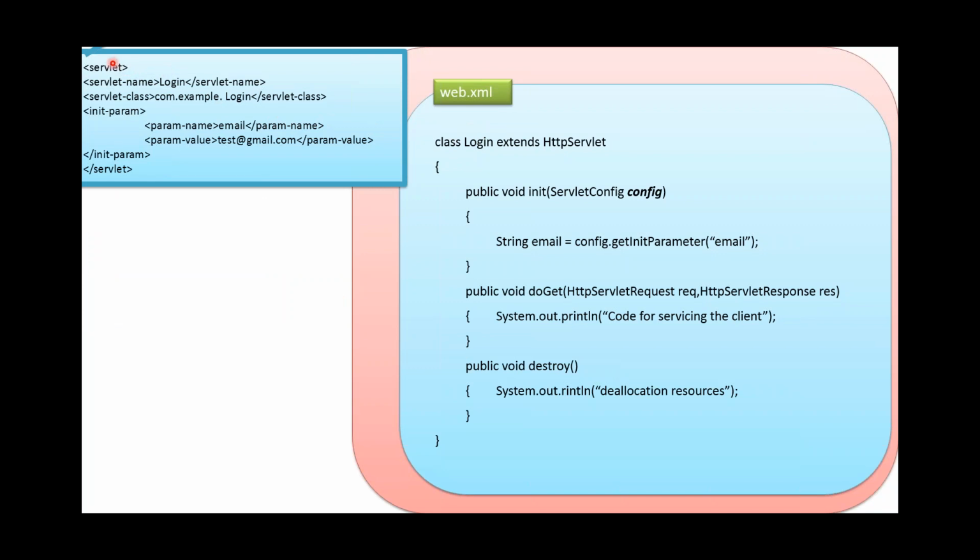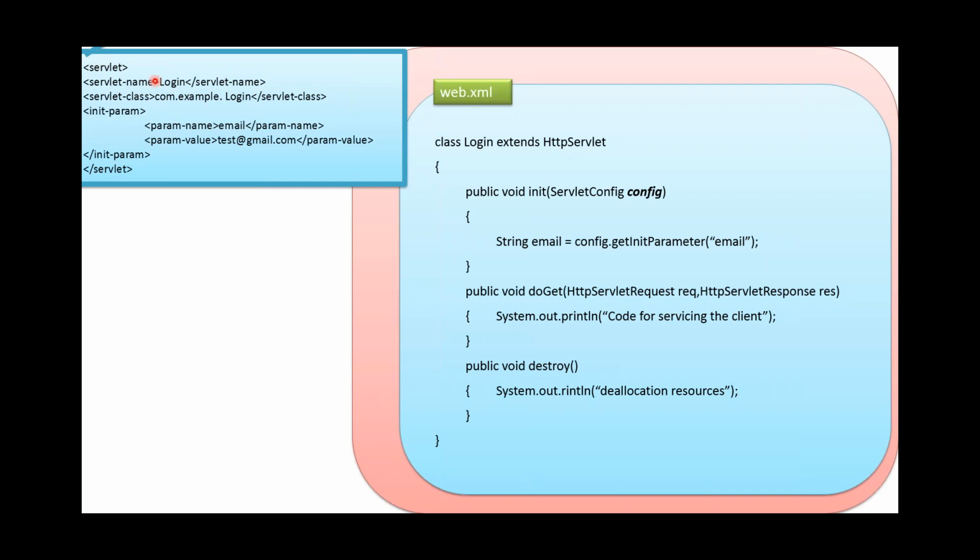In order to register the servlets with the web.xml file, you take help of the servlet tag. Your servlet name is some alias name that you are giving to the servlet. We are keeping it the same, login. Servlet class is the fully qualified name of the class.